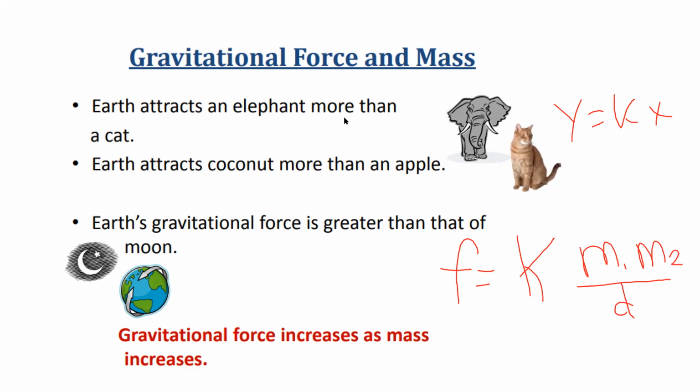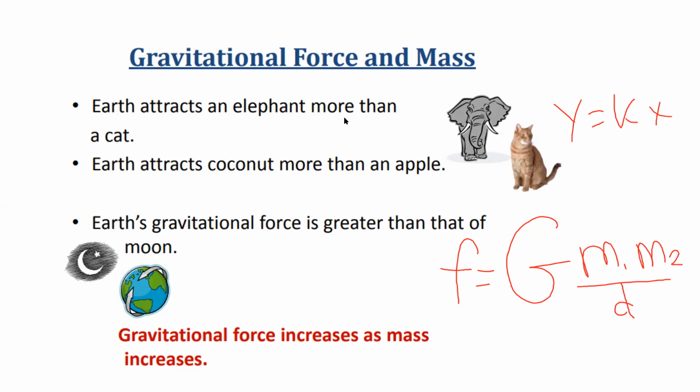After many years, they found that this k is G. Not small g, which we know as 9.8. No, this G here has a different number. And this G depends on the Earth, the moon, the planet, and so on. It has a different number.